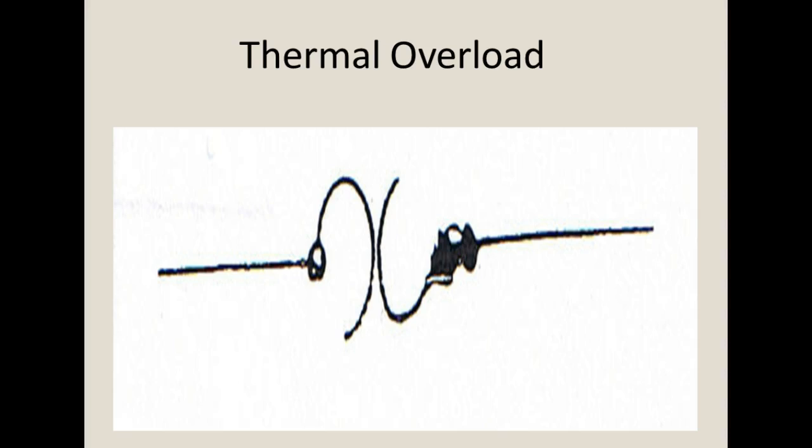Okay, now what we got? Thermal overload. All right, a lot of our equipment, especially if you had basic refrigeration, you probably came across the word hermetic, which means hermetically sealed, welded shut, maybe semi-hermetic, bolted shut. Any way you want to look at it, our compressors with electric motors in them are not serviceable.